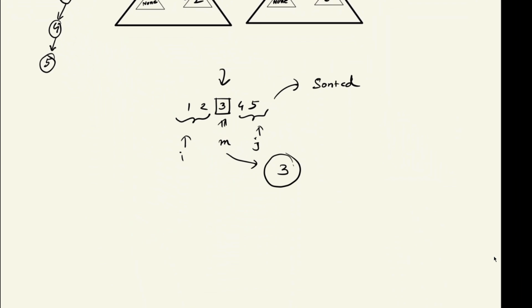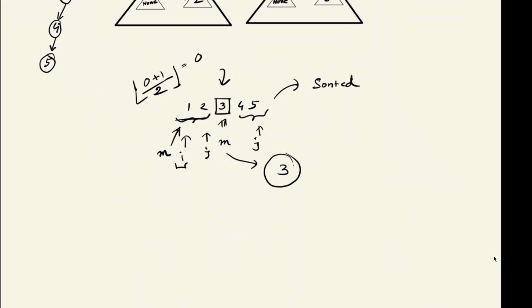For the left part here, our i is here and our j is here. Now if we calculate the mid of this part, which is 0 plus 1 divided by 2, we will get 0. So our mid will be pointing to this index as well. So here is our mid.